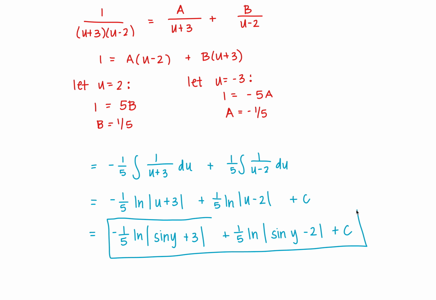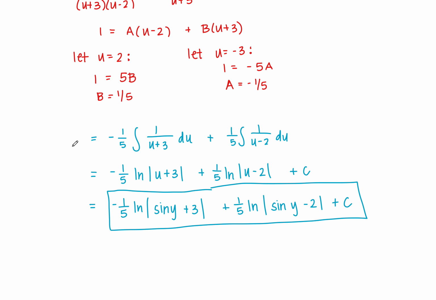And I've said this before, but you could combine your logarithms if you wanted to. And in this case, it's actually a lot neater if you combine them. So I'll go ahead and do that really quickly. Since they both have the 1/5, I can keep the 1/5 in front of my natural log. Since there is a minus in front of this first one, when I combine them, it'll go in the denominator.